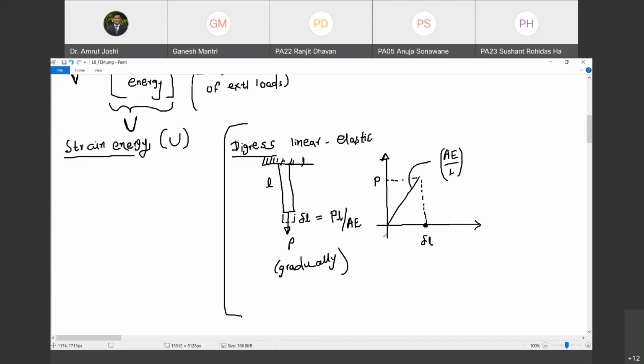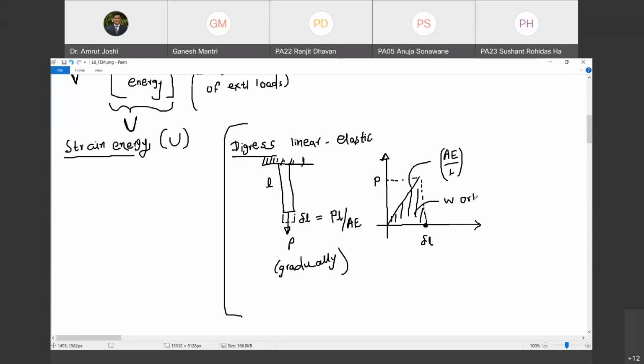Now tell me, what quantity of this graph can be designated as work done? Area under the curve. Do you agree with me? Yes, sir. Area under the curve is going to give me the work done.